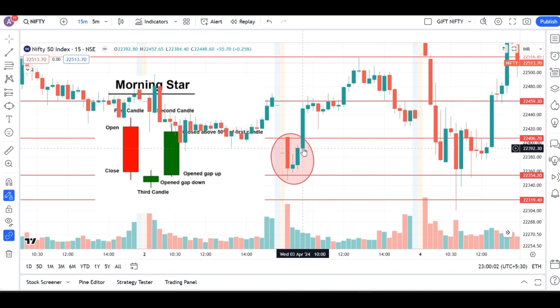Here, on 3rd April around 10 a.m. in the morning, it formed from 22,392 level and the bullish trend continued up to 22,500 within almost 2.5 hours. If you trade on this candle alone, it would be around 22,390 to almost 22,456, around 50 points.